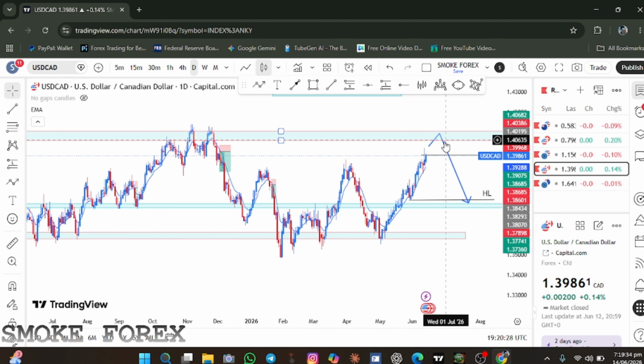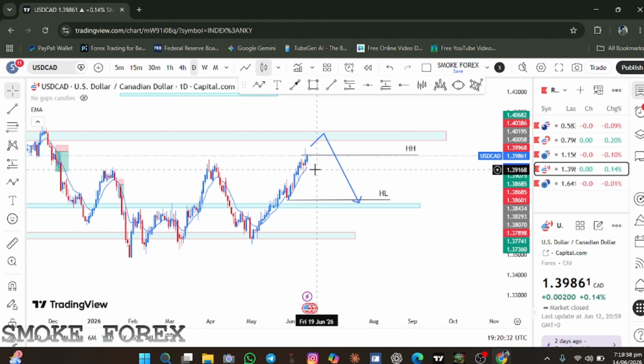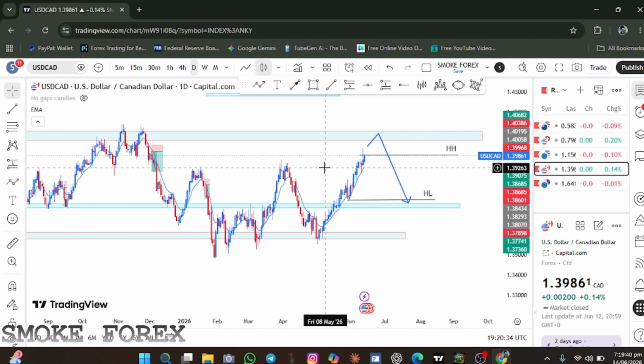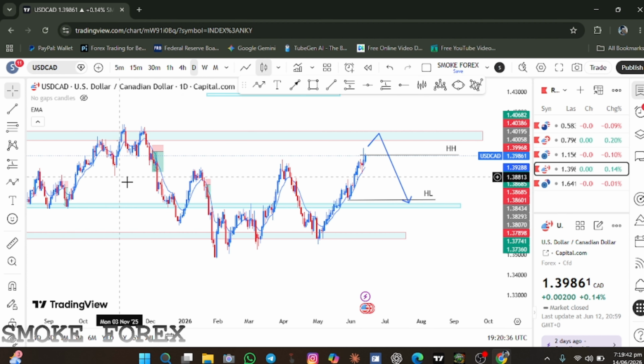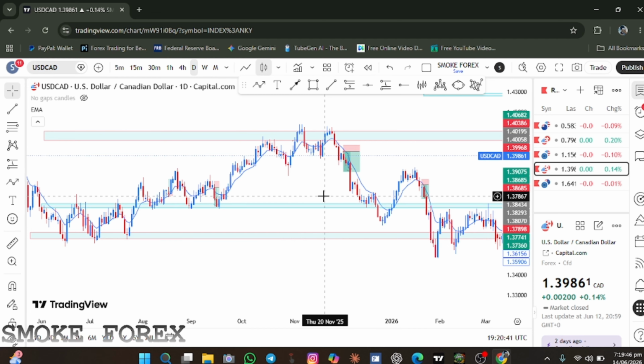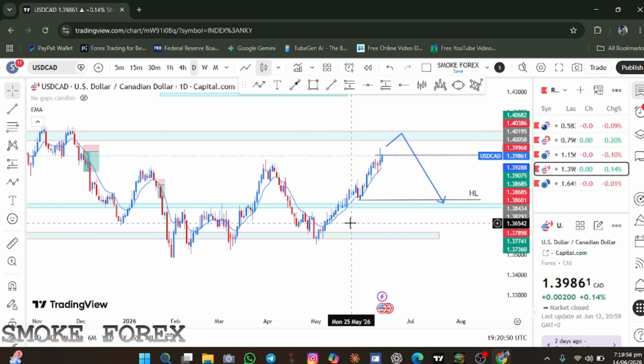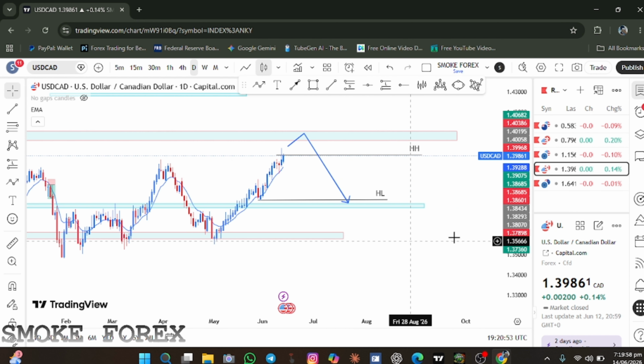So I think the market might sell over this area. I'm going to wait for the market to get here, maybe do this kind of pattern. Maybe price could redo the double top pattern on USD CAD. Maybe price could just get there and reject with an engulfing candle on the lower time frame, maybe the 4 hour or the 1 hour. Then I'm going to enter for the sell trade.